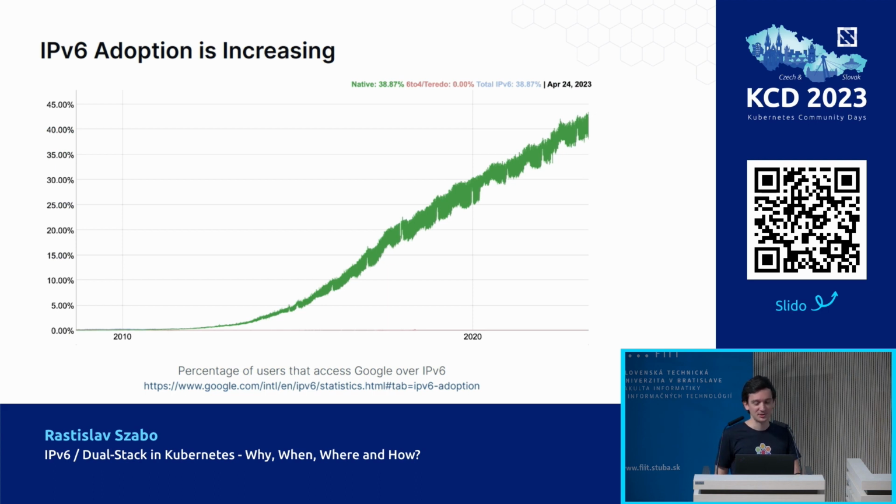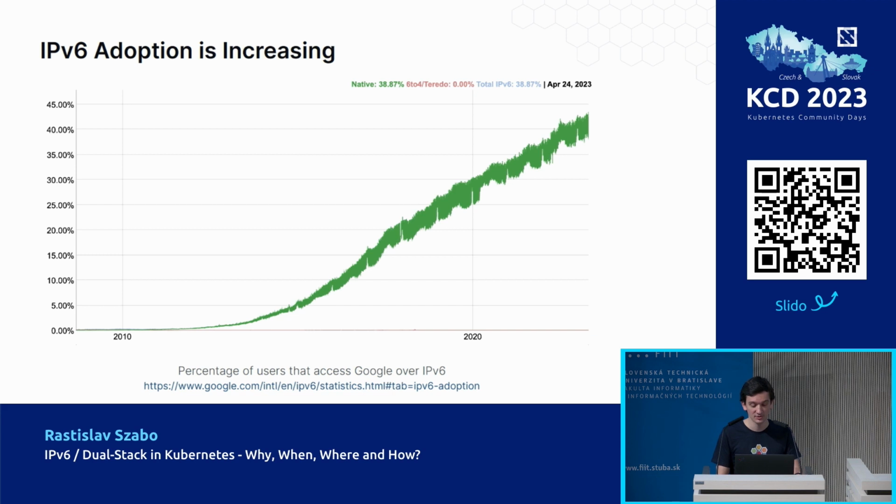And why am I talking about IPv6? The reason is that IPv6 adoption is increasing. This graph shows the percentage of users that access Google services over IPv6 worldwide. And as you can see, we are approaching 40% IPv6 adoption.